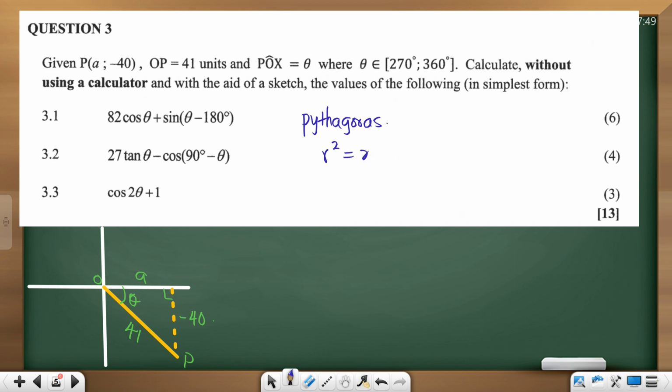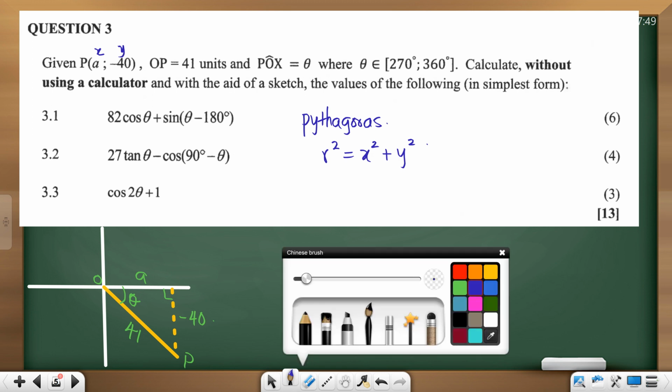R squared equals X squared plus Y squared. Quickly, look, these marks, I'm very jealous. Every learner needs to get this correct. You know this is your X and that's your Y. Quickly, show all workings.